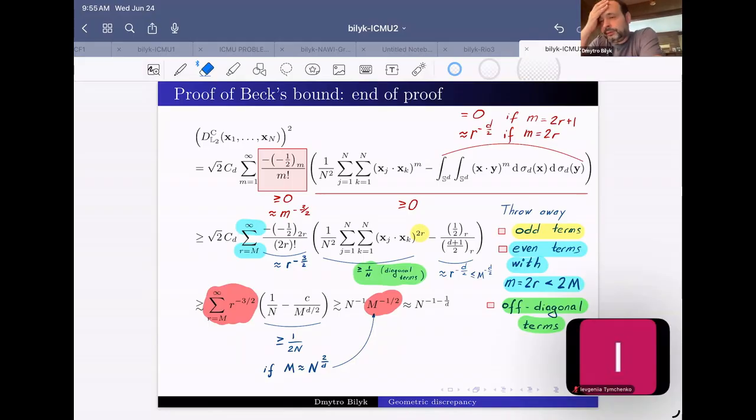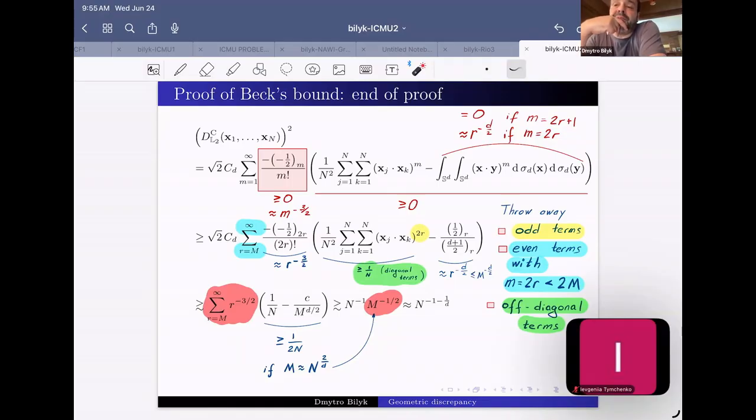Well, the first step was that we threw away all the odd terms. Well, that might be lossy, but it's really not, because if your set of points is symmetric, so if it has an even number of points which are symmetric, then this sum here will actually be 0 because this is an odd function, so the sum will be 0.